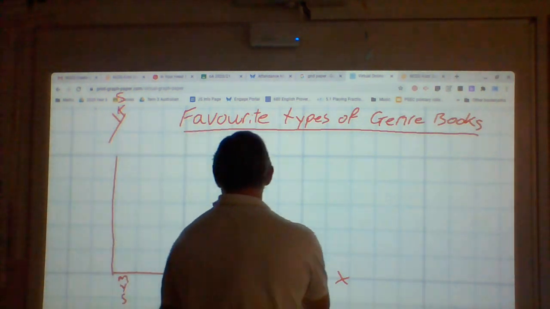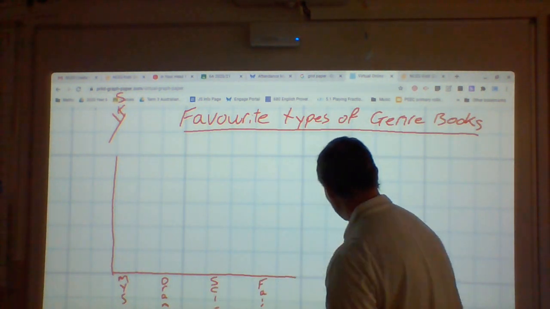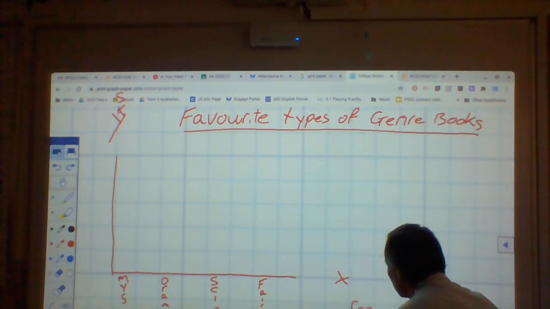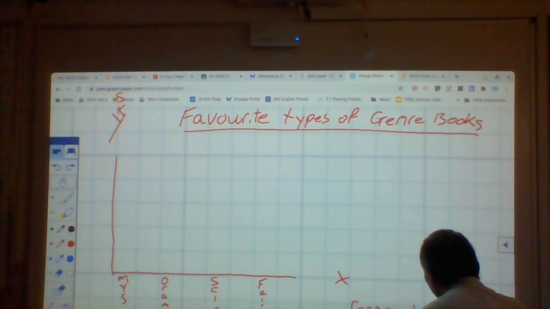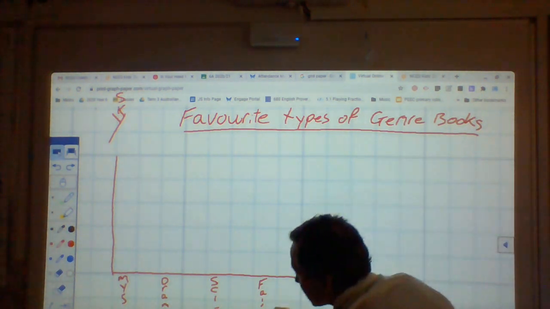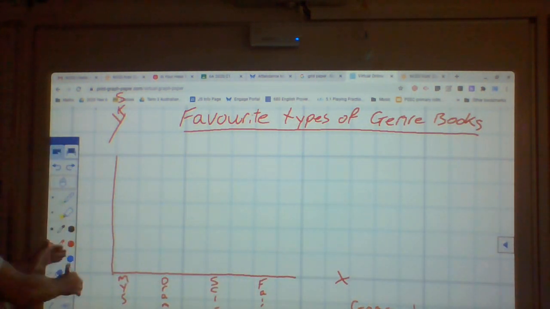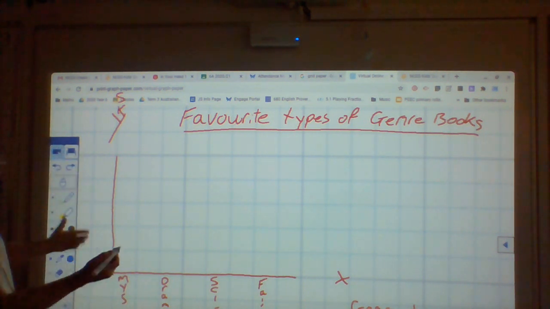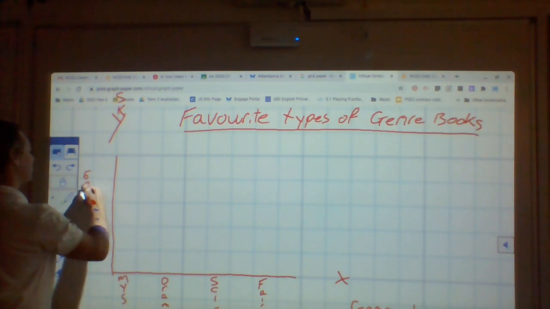So this would go underneath here. That's my label down here. My label over the side would be 6A students.